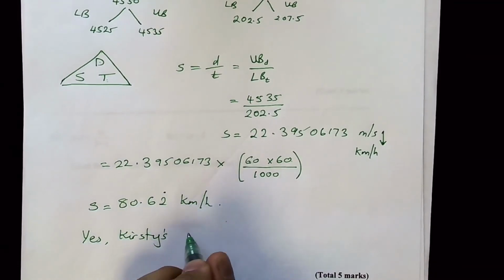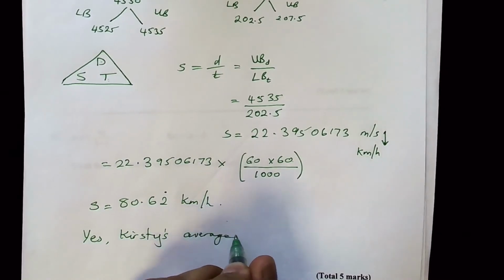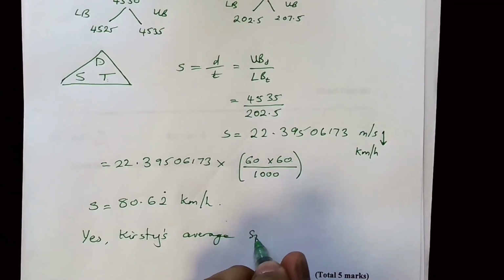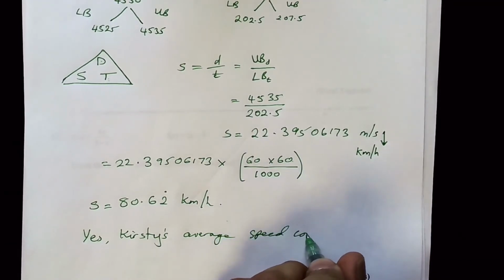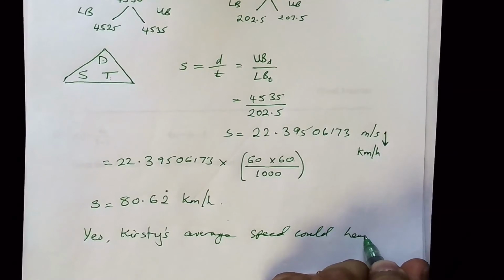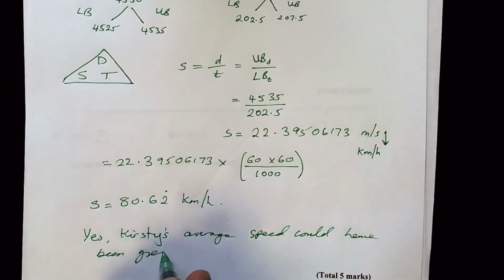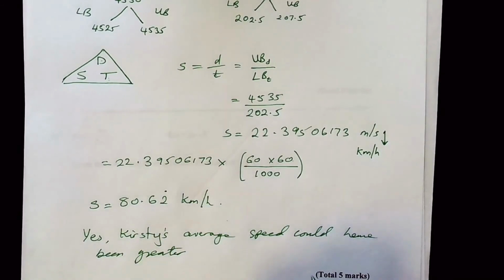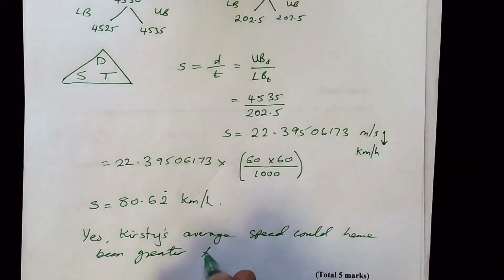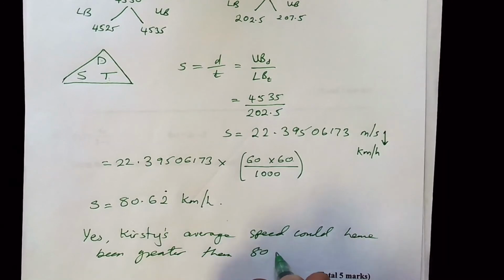Kirsty's average speed could have been greater than 80 kilometers per hour.